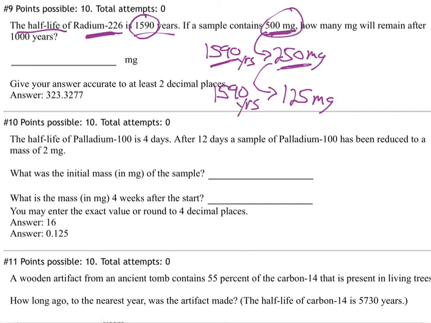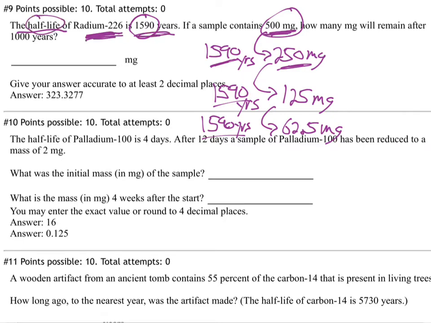Half of it just keeps going away every 1,590 years. And then again, half of 125 is 62.5, I think. It'll break down after another 1,590 years, etcetera. So every 1,590 years, half of it goes away into the atmosphere. That's what it means that the half-life of radium-226 is 1590 years.